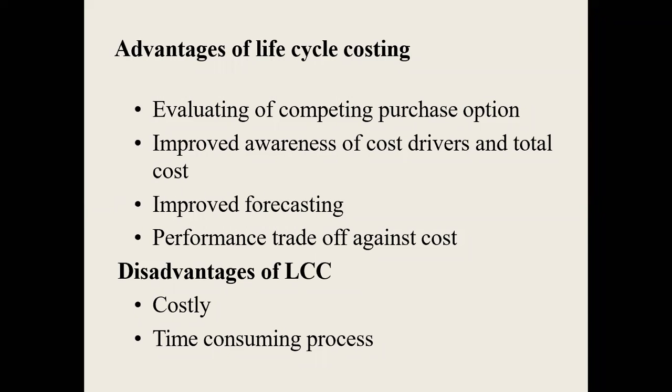What is the initial cost? What is the operating cost? In the bike case the operating cost, the petrol cost, is similar, but what is the initial cost? That point comes here in the advantages: performance trade-off against cost.